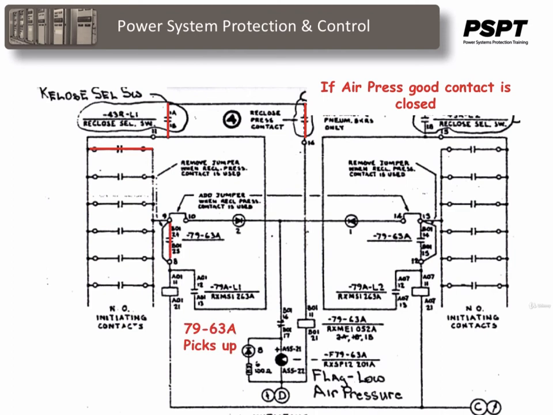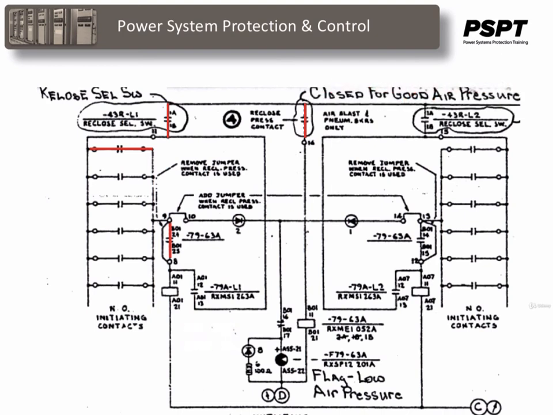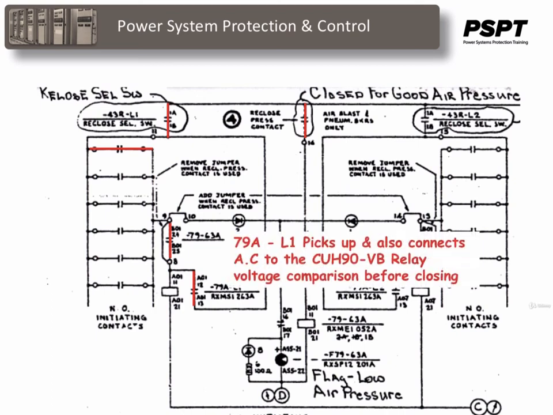Then if all these functions are in place, then the 7963A relay will pick up and it will seal itself in. Once this relay picks up, then it also initiates a pickup of the AC quantities to feed into the CUH90 VB relay, which is the voltage comparison relay before or as it is checking for reclosing.